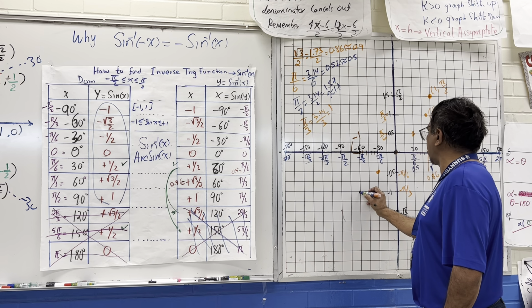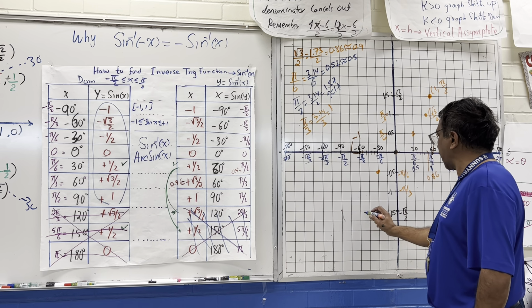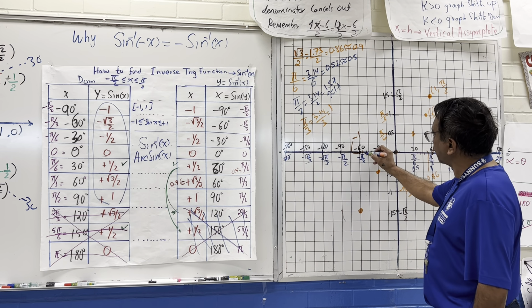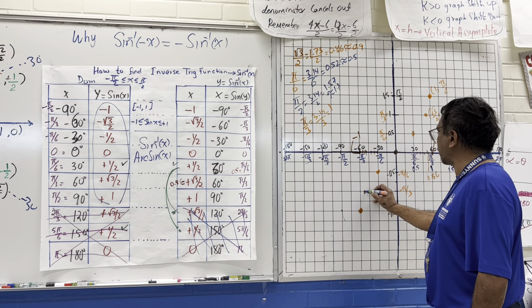So this goes here, minus pi by 2. And between them, 0.86, minus root 3 by 2, will go somewhere here.